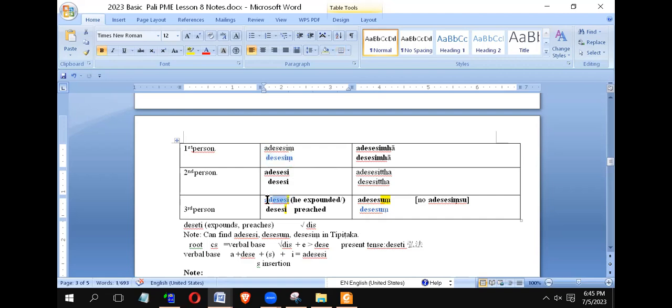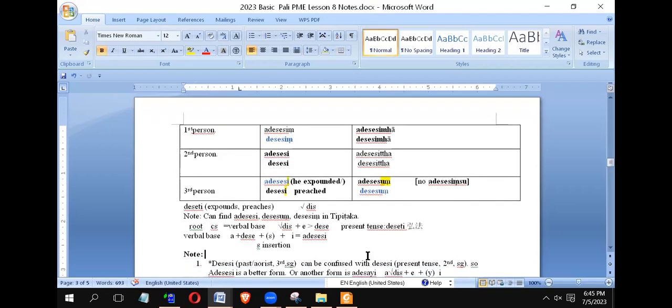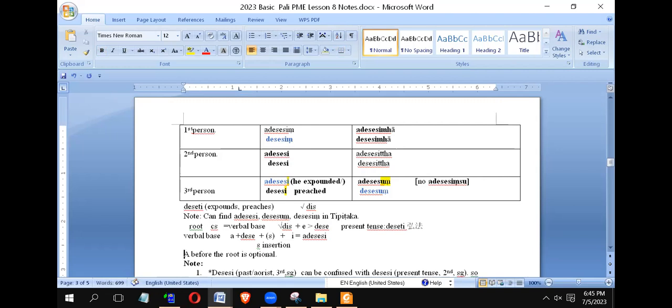All right. So you see this one, no A. This one got A. This one, no A. So that means that A is optional. All right. So you can come to the notice that the A before the root is optional. All right.